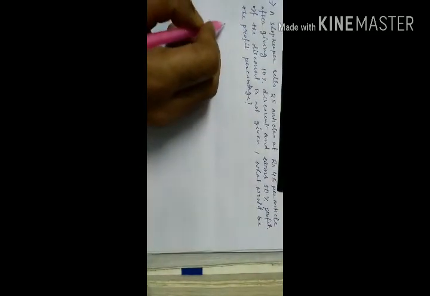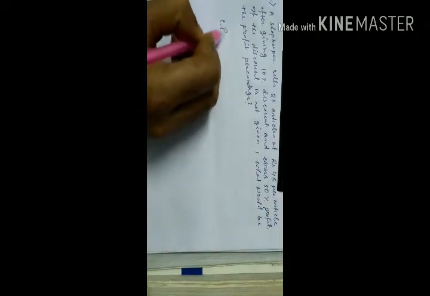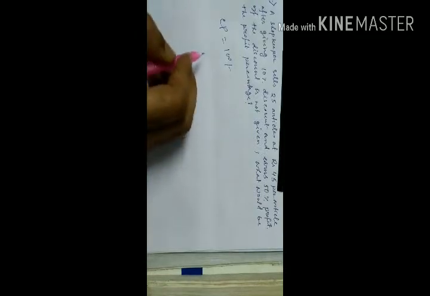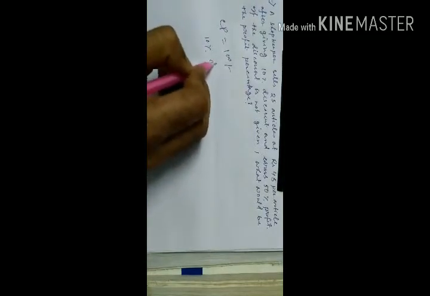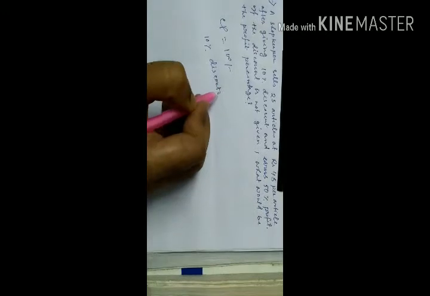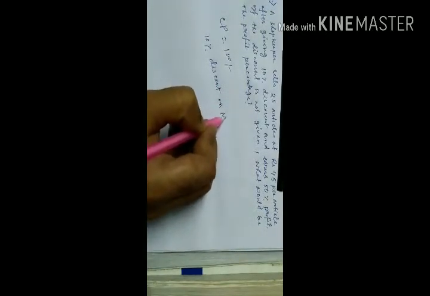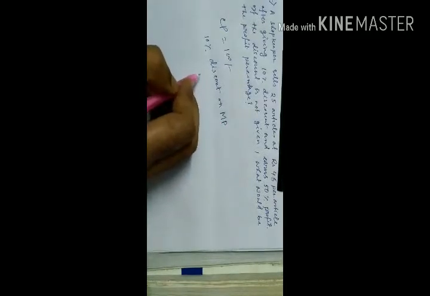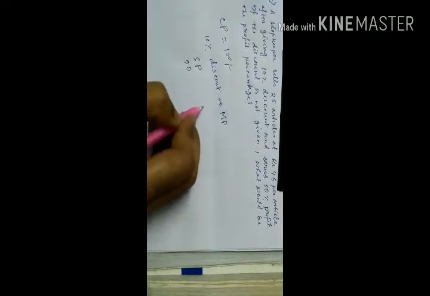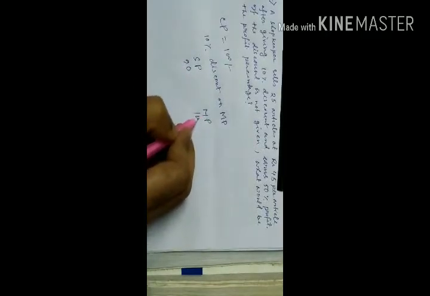Suppose CP equals 100. So 10% discount on mark price means sale price is 90 and mark price is 100, and the profit percentage is 50%.